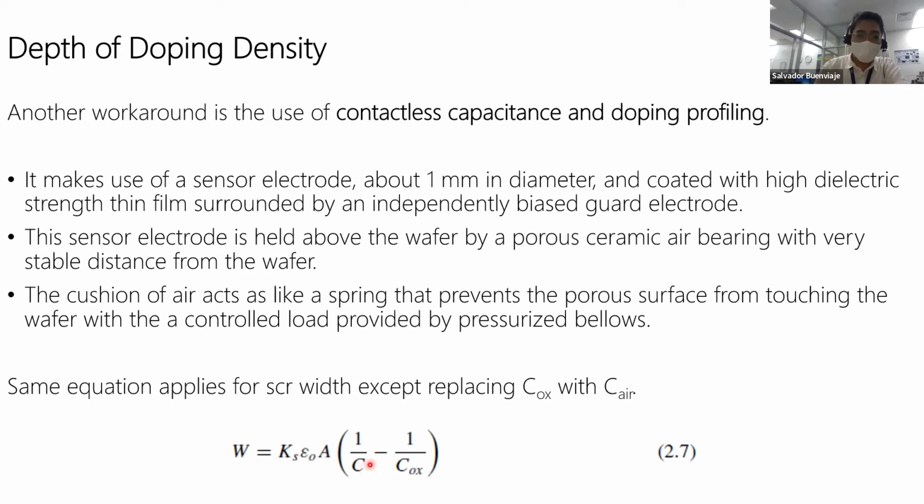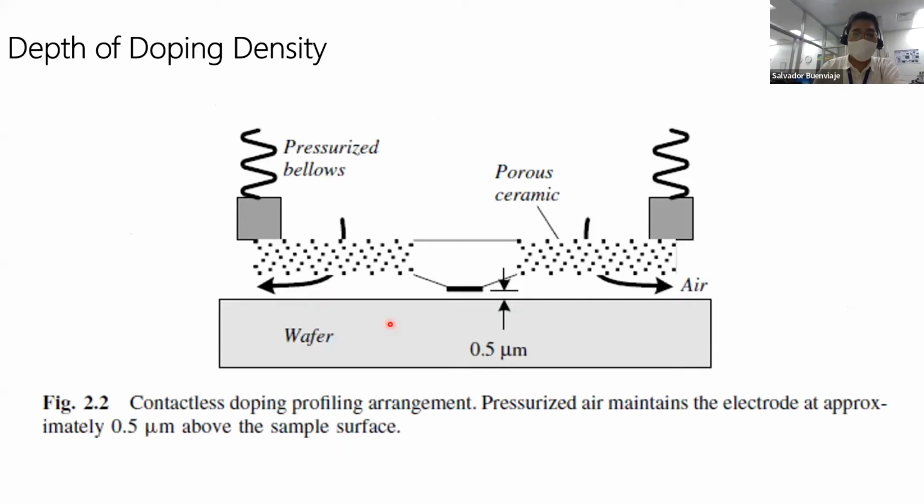The point of this is that we can make use of other experimental setups as long as we make the necessary change in the computation of W. Here it should be 1 over C sub air because we make use of air as the interfering layer. So this is the setup of the contactless doping profiling arrangement.